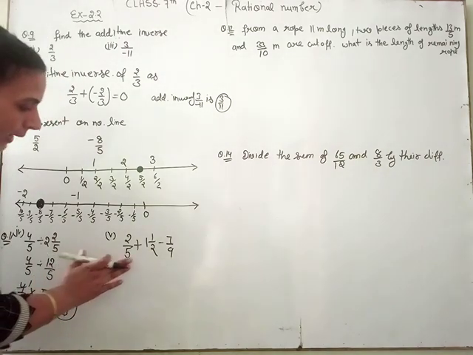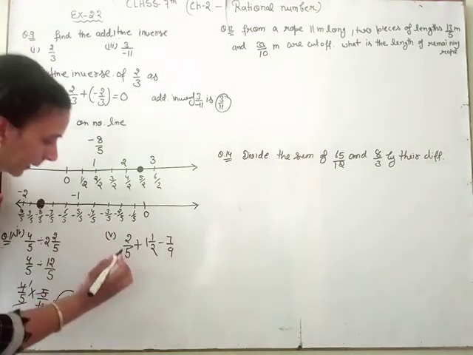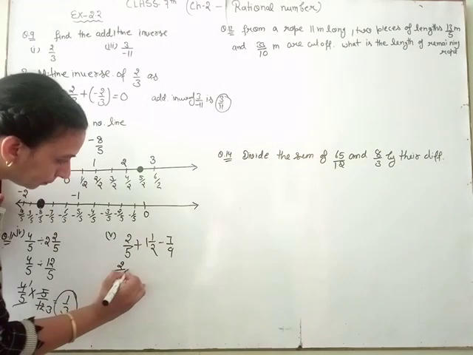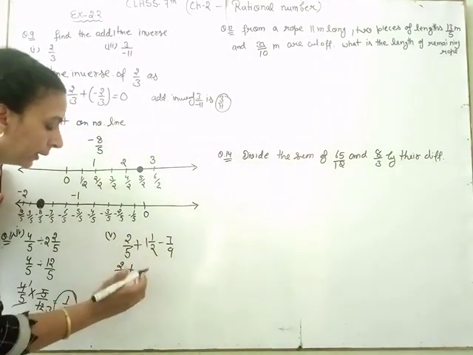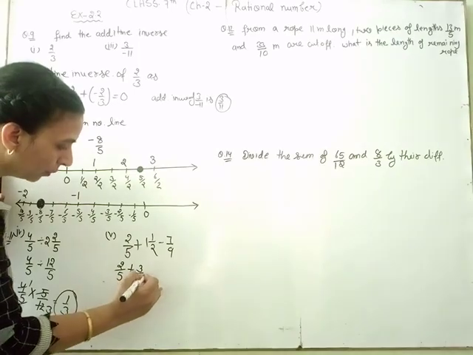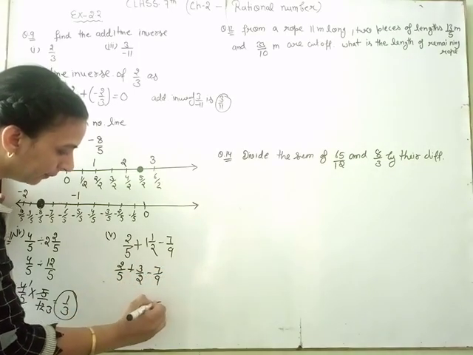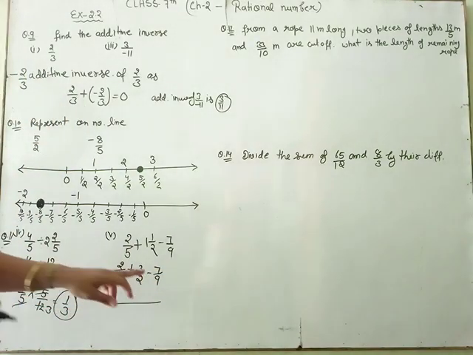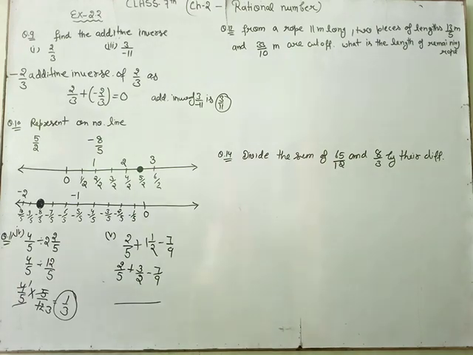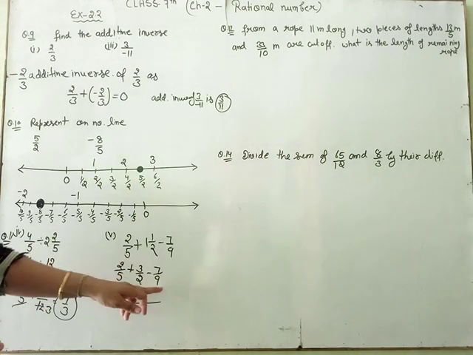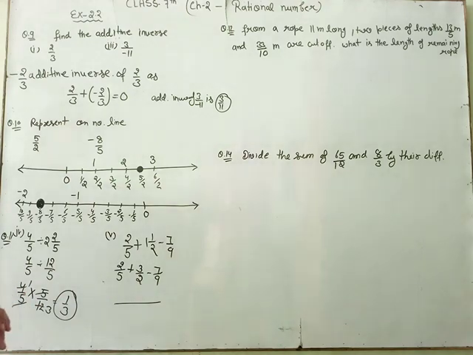Next, minus 2 by 5 plus 3 by 2 minus 7 by 9. We take the LCM of 5, 2 and 9. The greatest is 9, and 9 is not divisible by 5 and 2.